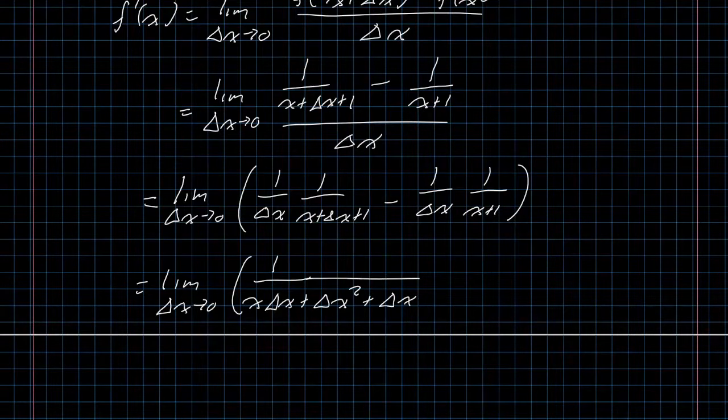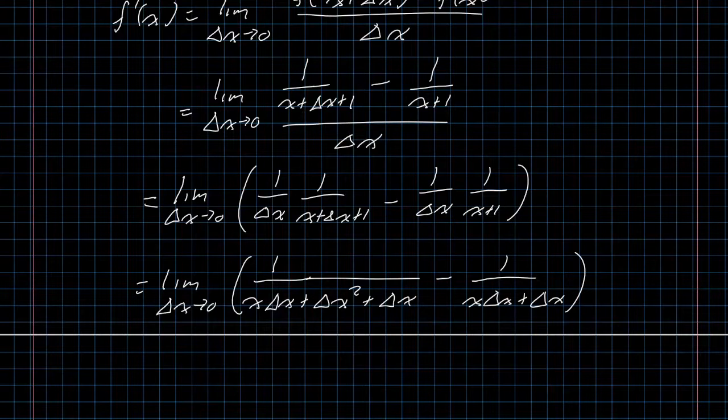And multiplying that through, we have 1 over x delta x plus delta x squared plus delta x, minus 1 over x delta x plus delta x. All right.